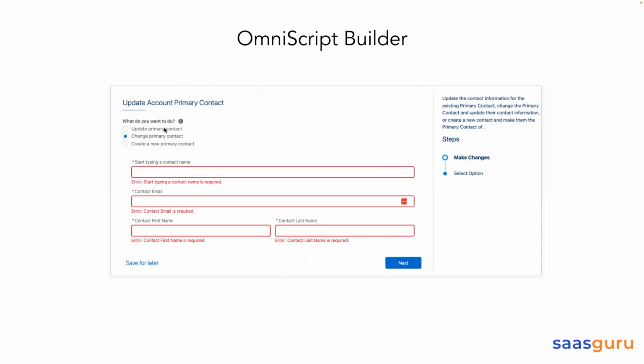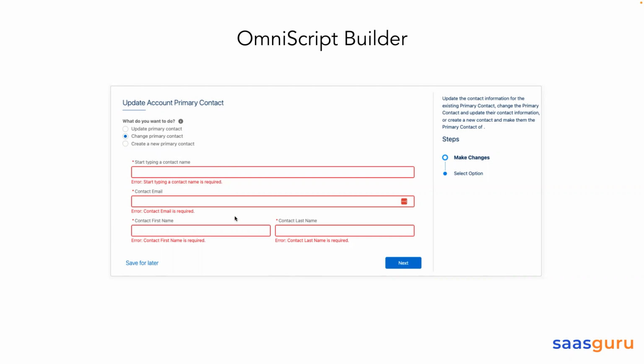To the left, we have this radio button option. And depending on which radio button is selected, a different section will open underneath to facilitate the change. So for example, if you want to change the primary contact for this account, we're going to start typing the contact name. A type ahead block is going to show us already available contacts from that account record.